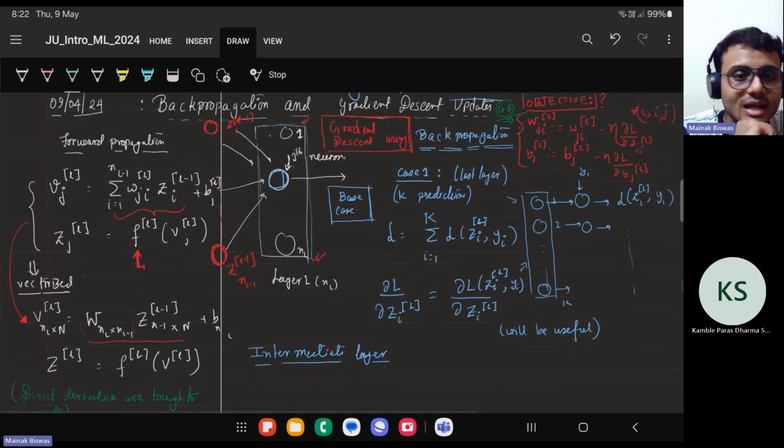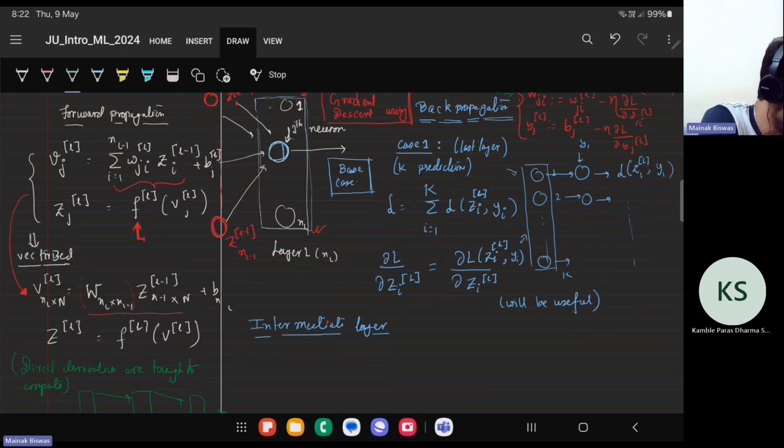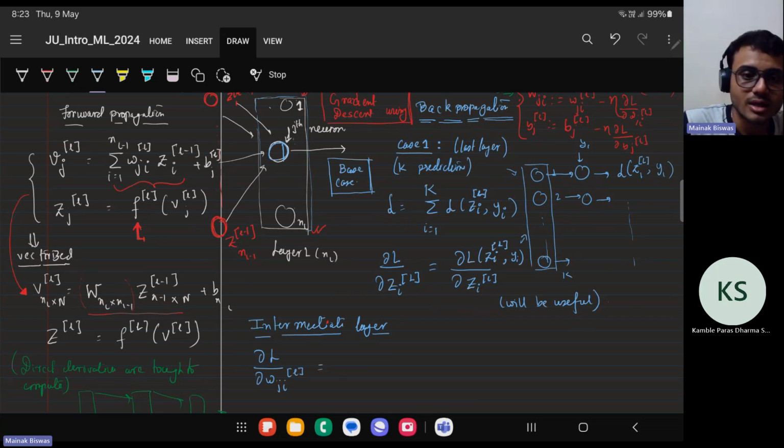If you have one layer and you somehow want to calculate dL/dw_ij of L, can I do this by writing dL/dz_{L+1}?